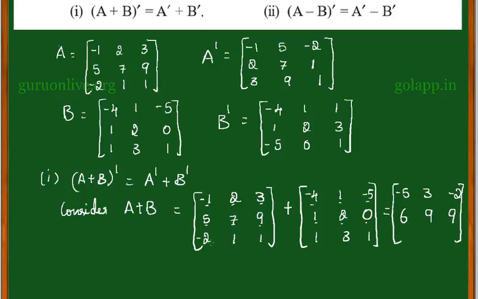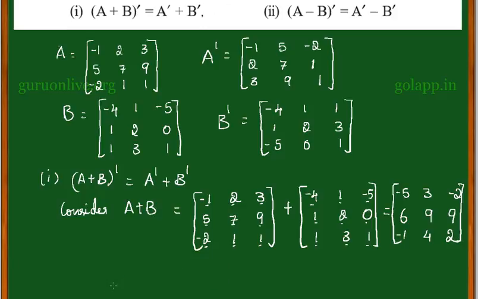And in the last row, we have first element minus 2, corresponding element 1. So minus 2 plus 1 will be minus 1. Second element is 1, corresponding element is 3 in the last row. So 1 plus 3 is 4. And the last element is 1, corresponding element is 1. 1 plus 1 will be 2.